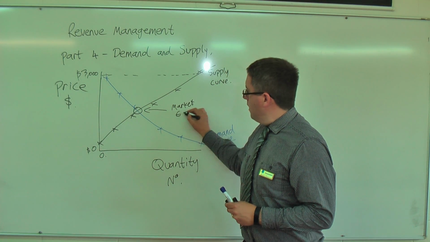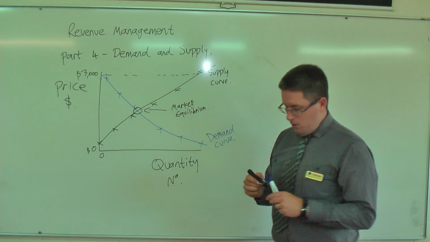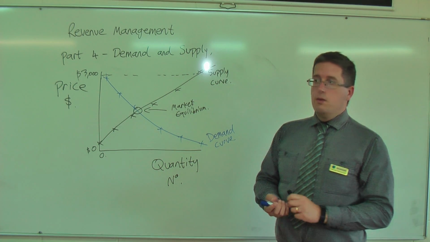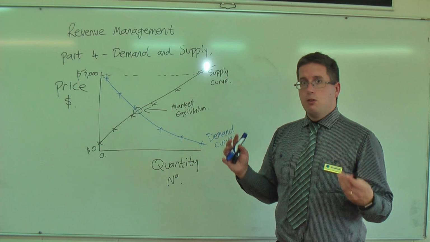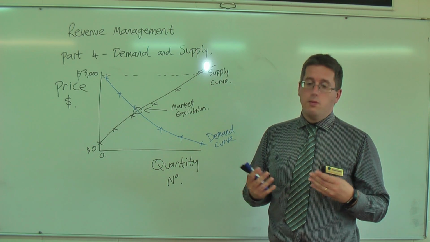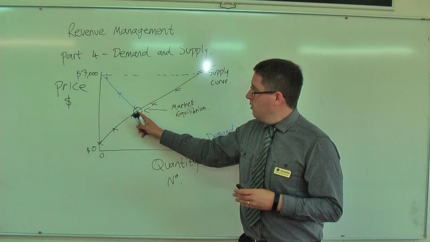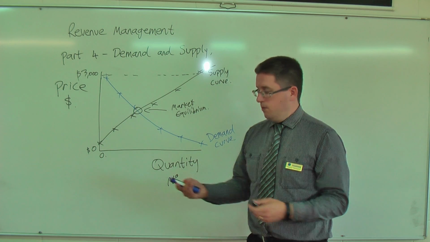Now some call it the market equilibrium. That's just a fancy way of saying the natural point where suppliers and consumers come together and go, well, that's a good price for it to be, and every unit that is made is then sold. Okay?